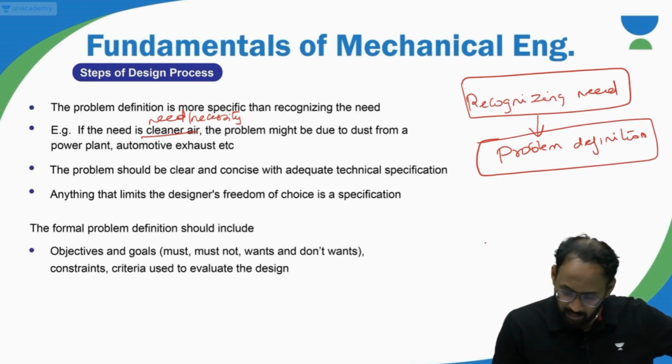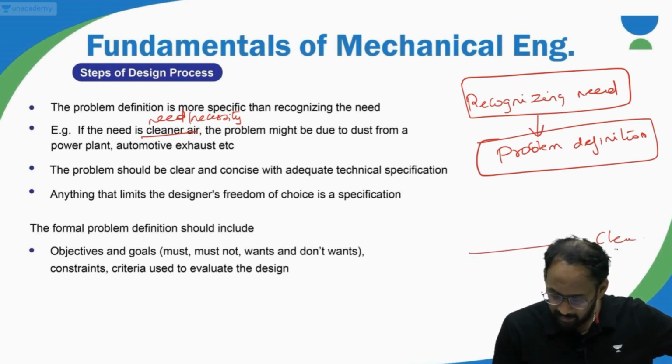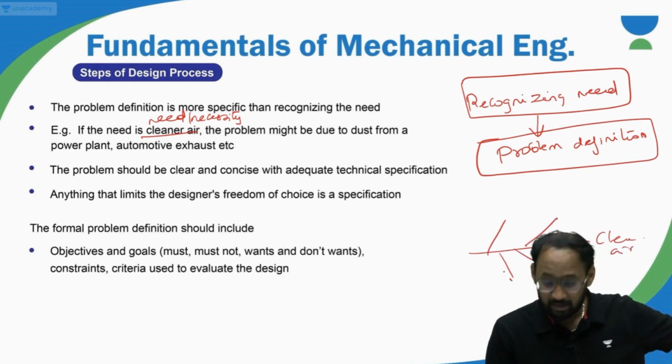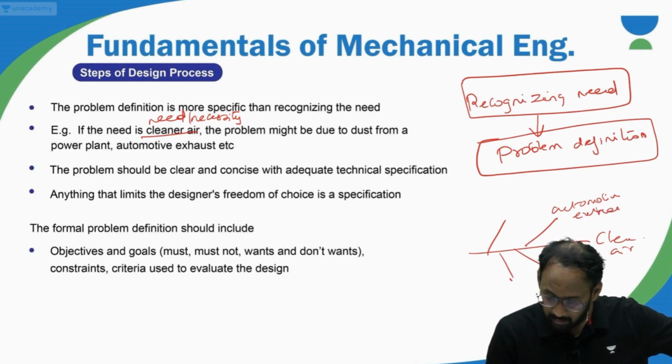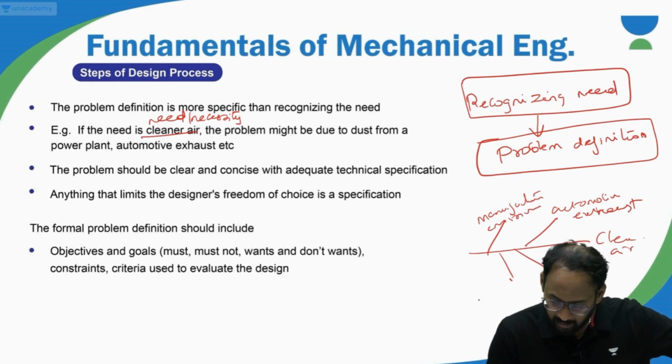Now for having this clean air, you could have n number of possibilities. Say, for example, it could be your automotive exhaust, or it could be your manufacturing emission, or it could be some power plant emission, and so on and so forth.